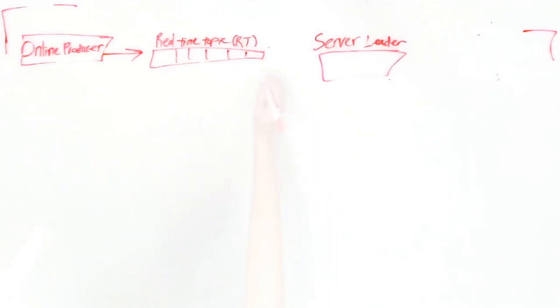It is going to be consuming the RT, and it's going to be writing it back into the version topic, the VT. So for example, this would be version 1, and this would be the topic. Once it consumes the events from the RT, it's writing them into the VT.